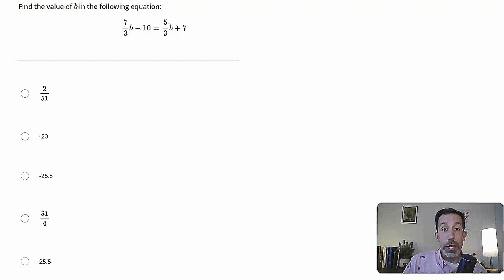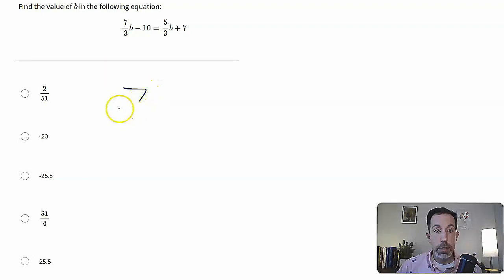This one looks a little scarier, but it's really the same process that we've been doing. So find the value of b in the following equation. 7 over 3b minus 10 equals 5 over 3b plus 7. So the same thing we're doing, we just want to get b by itself. That's how we solve for b. So to do that, let's rewrite our equation.